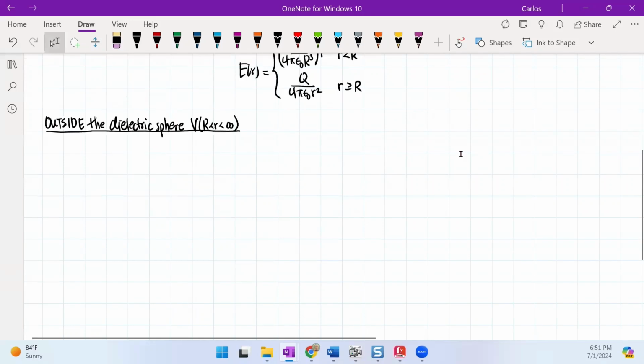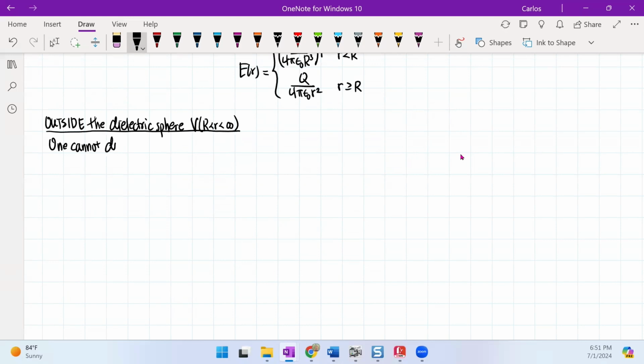So one cannot distinguish between a conductor or dielectric sphere from the outside.